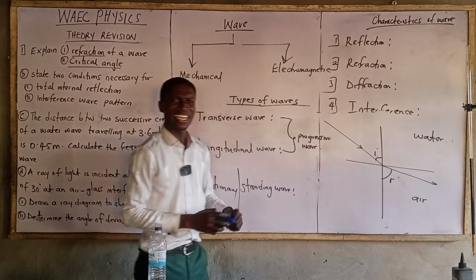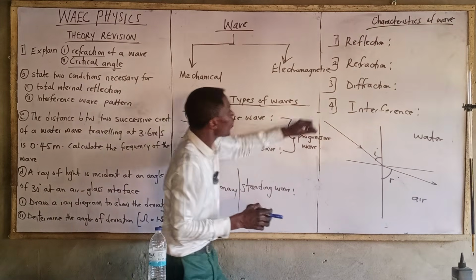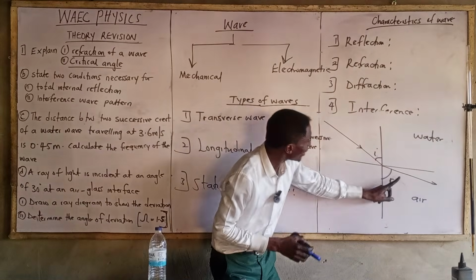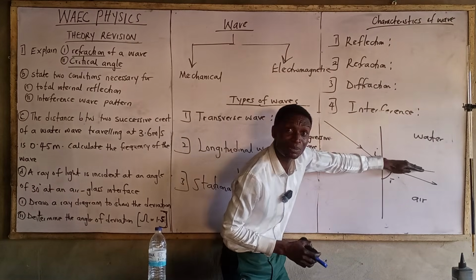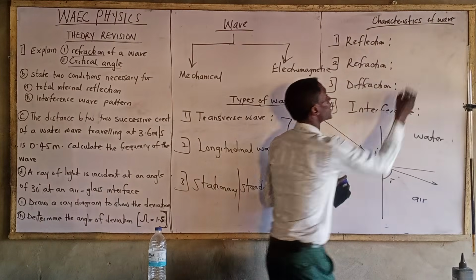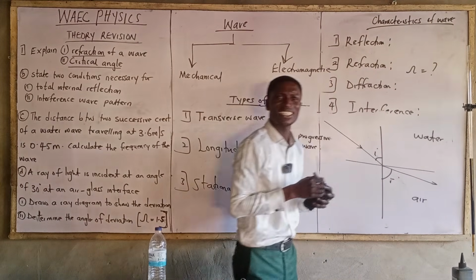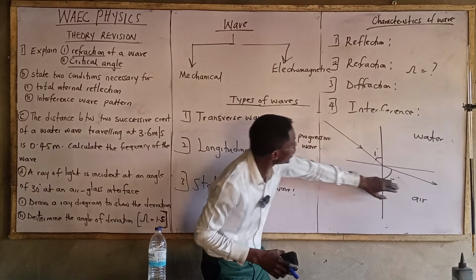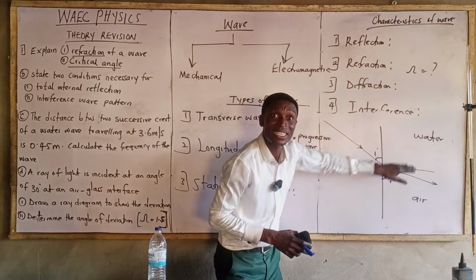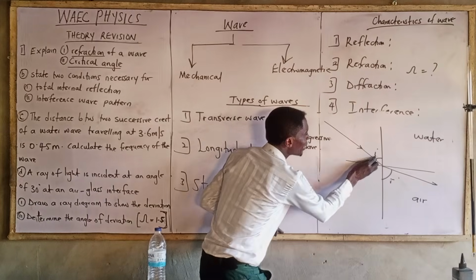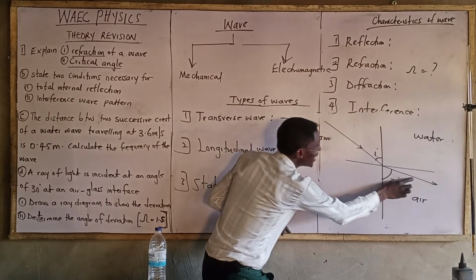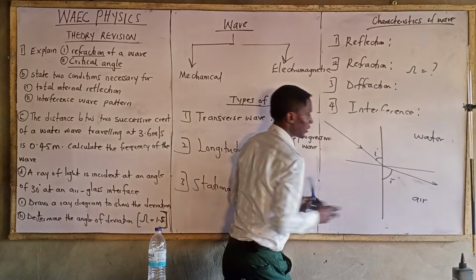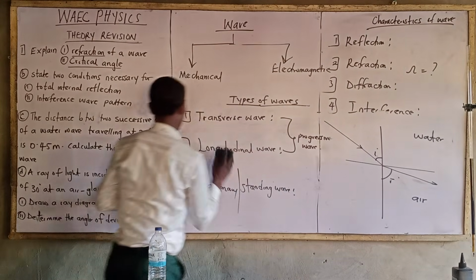Now notice here in the other case, when you begin to vary this angle of incident by increasing it, you expect this angle of refraction to also be increasing, so as to maintain the refractive index constant, as the law tells us. Now a time will come when this angle of incident is increased to a point where this refracted ray falls exactly at the interface.